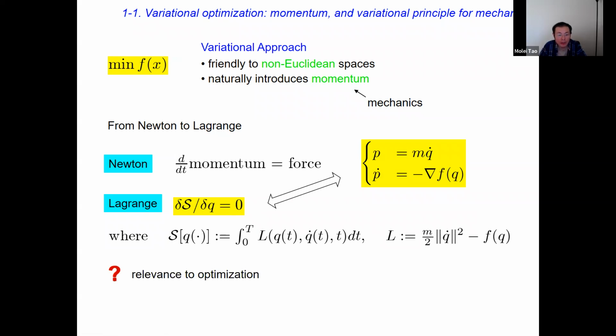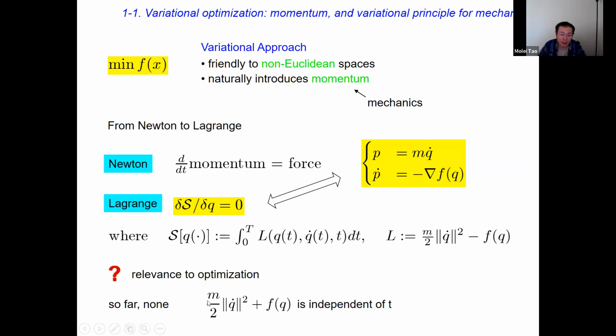And you might wonder, so why is this relevant to optimization? Well, so far I mentioned no relevance. And if you think about it, the reason is that this Lagrangian is not explicitly dependent on time. So if you know mechanics, this is a symmetry. This is a time translation symmetry, and as a consequence, you have a conservation law.